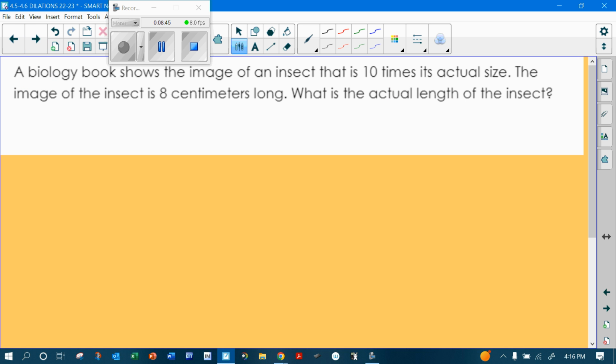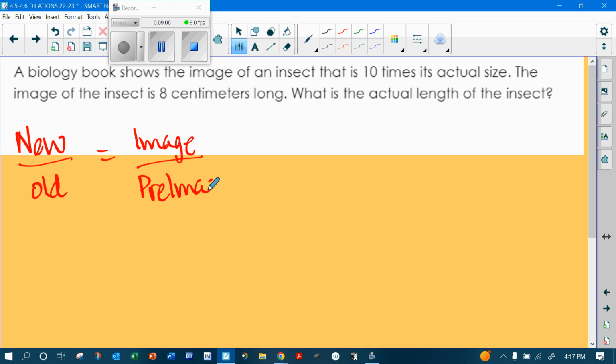All right. This one says, a biology book shows the image of an insect that is 10 times its actual size. The image of the insect is 8 centimeters long. So think of new over old. Remember, this is your image over your pre-image. It says the image of the insect is 8 centimeters long.